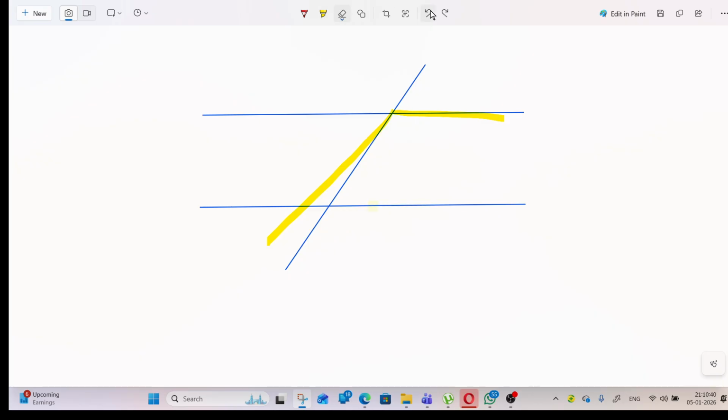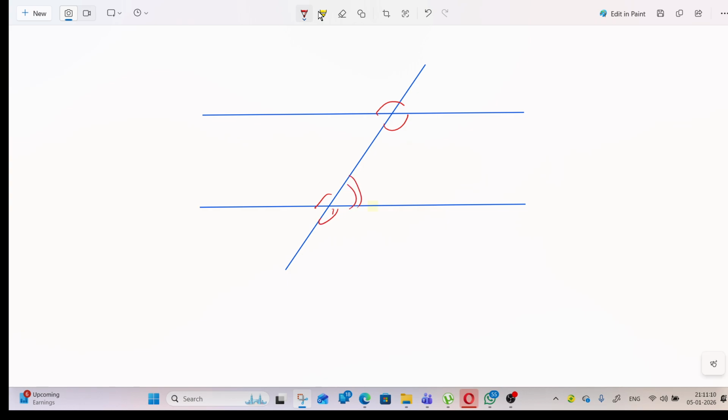So these two are alternate. The other pair is this and this, right? They are also equal. Then corresponding, this is corresponding to this, and similarly this is corresponding to this, right? And then this angle is also equal to this because they are vertically opposite.